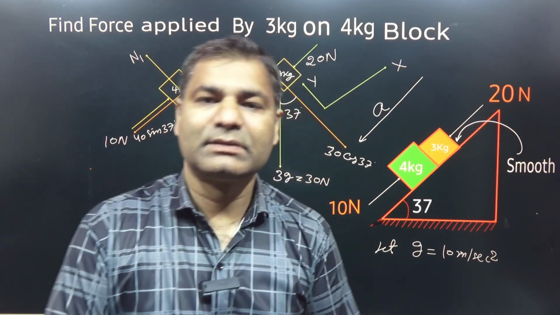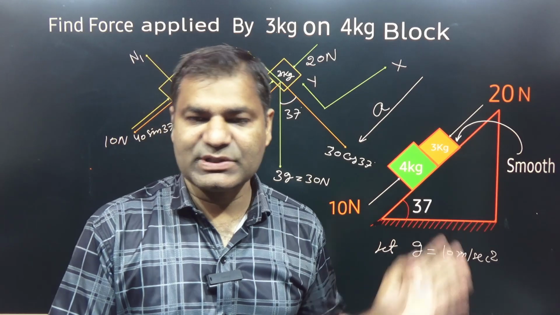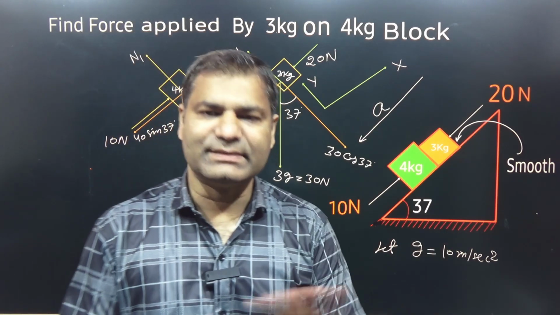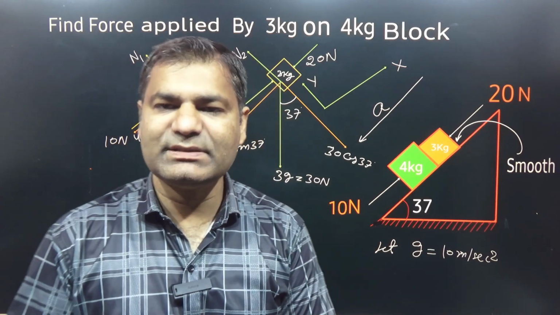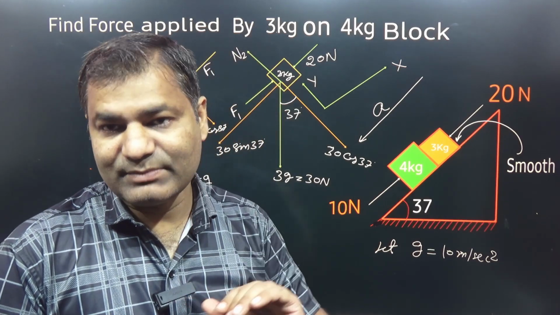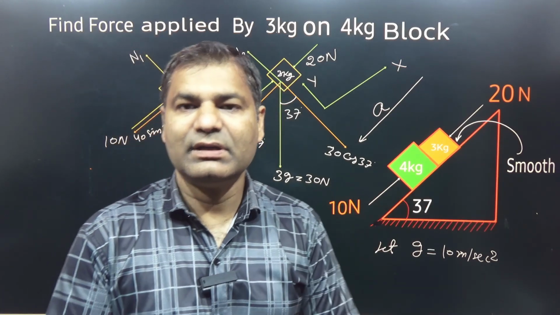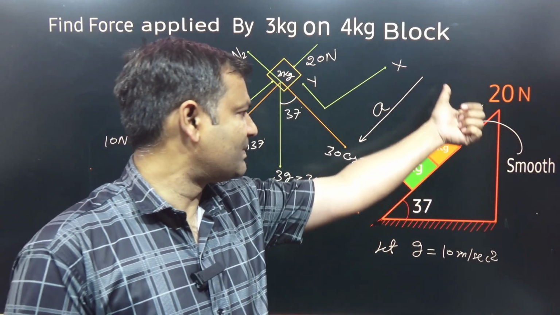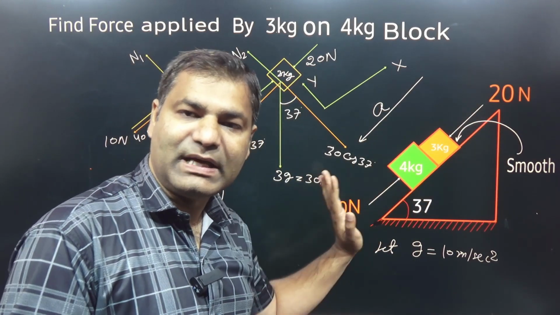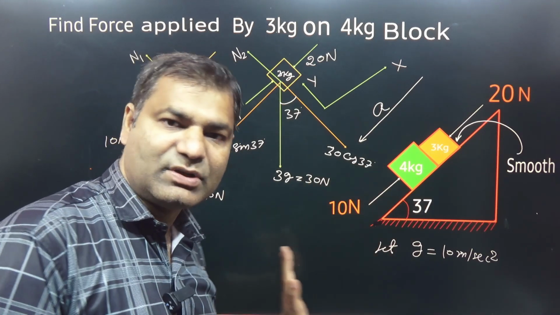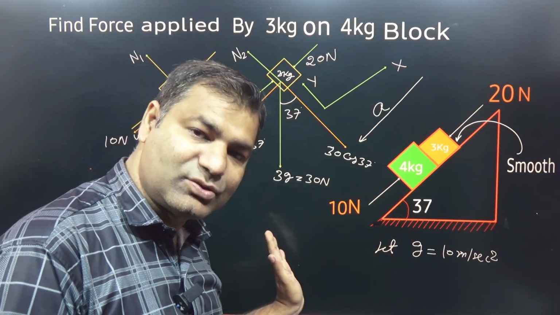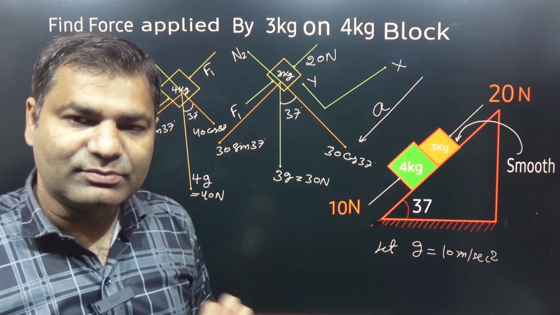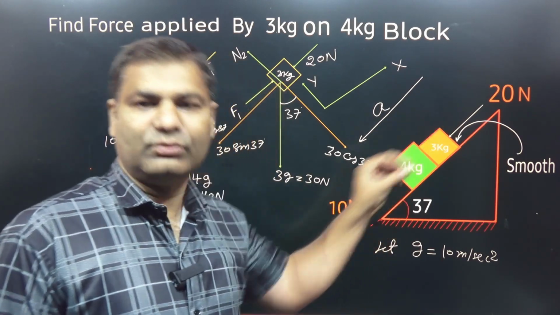If solving that equation we got A equal to minus 1.5, it means your assumption is basically in the opposite direction. So if we got A negative, it means these two blocks are going in the upward direction. Clear or not? Now we assume the whole system going in the downward direction.